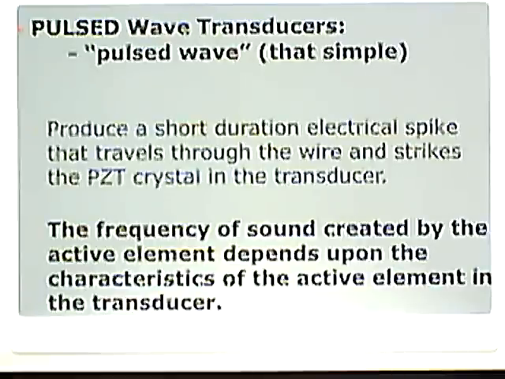The frequency of sound created by the active element depends on the characteristics of the active element in the transducer. So it's no longer determined by that electrical spike. It's determined by the crystal. That frequency of sound is dependent on the characteristics of the active element in the transducer.